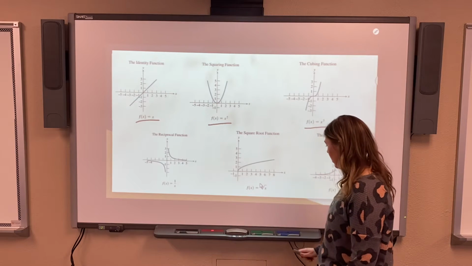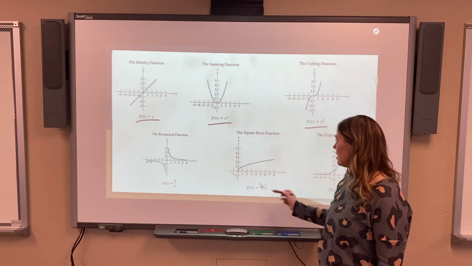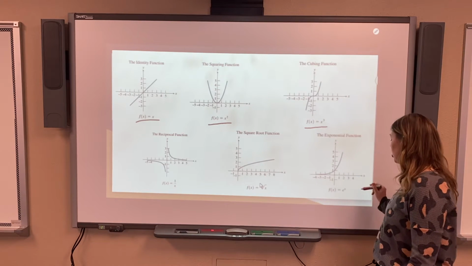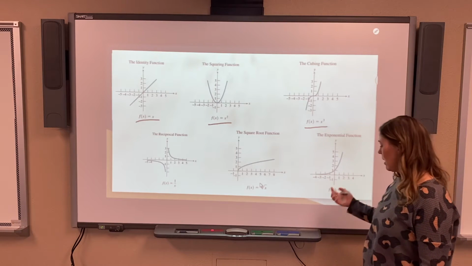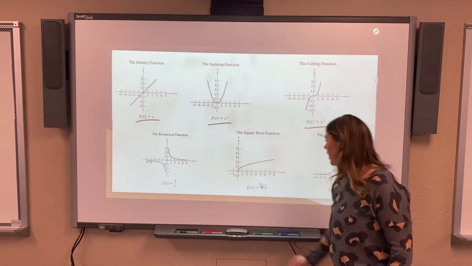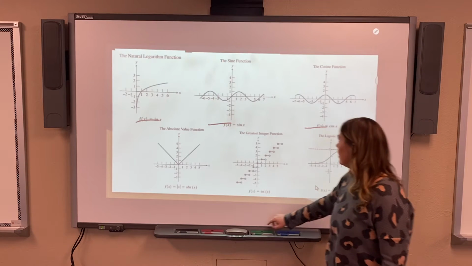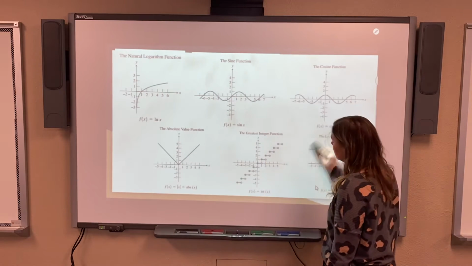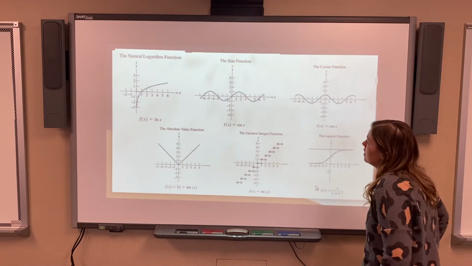We have the square root function, f of x equals the square root of x. The exponential function looks like this, so that's f of x equals e to the x power. Then we have natural log functions, which look like this. You have 0 as an asymptote, and then it's all your positives.